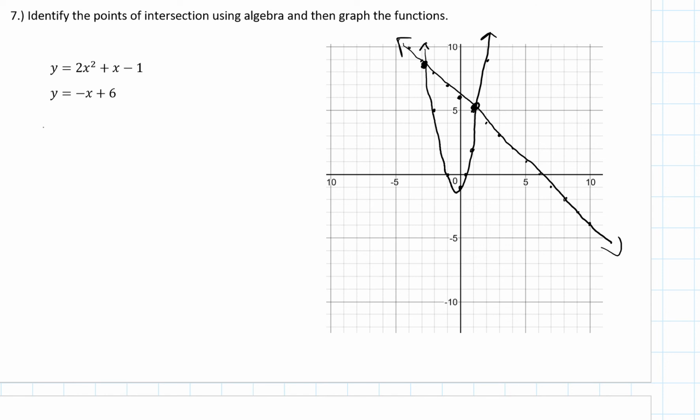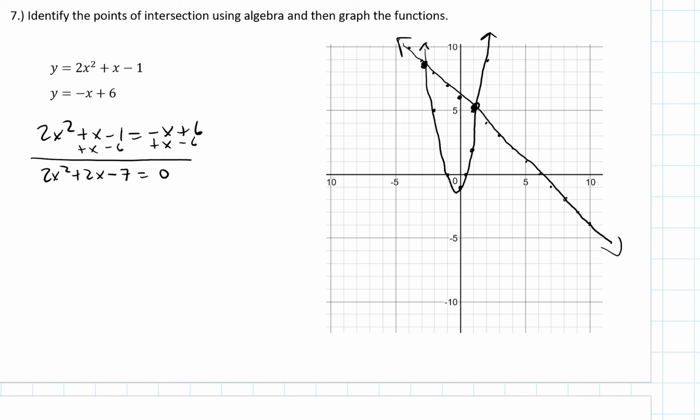So to set them equal to each other, you get 2x squared plus x minus 1 equals negative x plus 6. So then we have to add x. So then we've got 2x squared plus 2x, and then subtract 6, negative 7 equals 0.